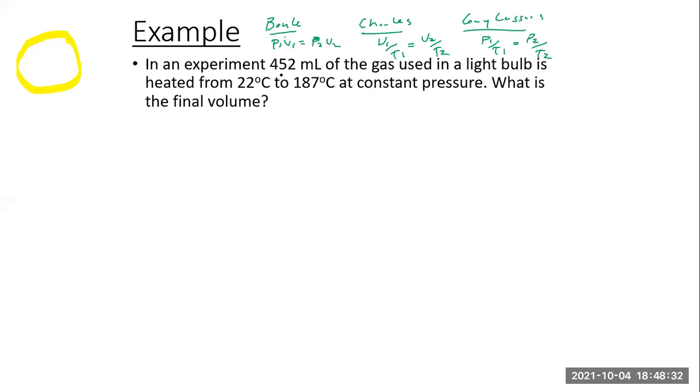So if we go through the problem here, we see 452 milliliters. That is definitely a volume. It's used for a light bulb that's heated from 22 degrees Celsius, which is a temperature, to a temperature of 187 degrees Celsius, and we're looking for the final volume. So again, you can see I have no pressures given to me.